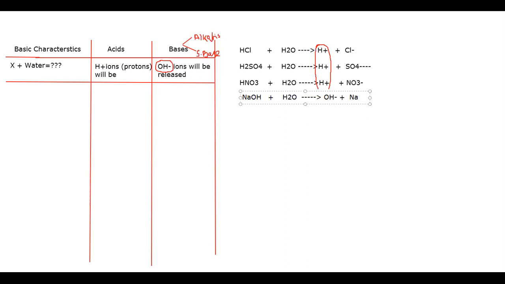That is Na positive. Now, look here. This is a base, and when a base is dissolving in water, it is producing OH negative ion. So this is the main difference and the first definition that we obtained regarding acids and bases.